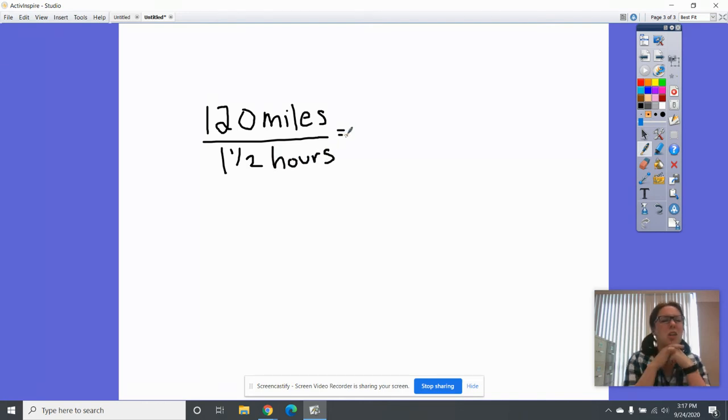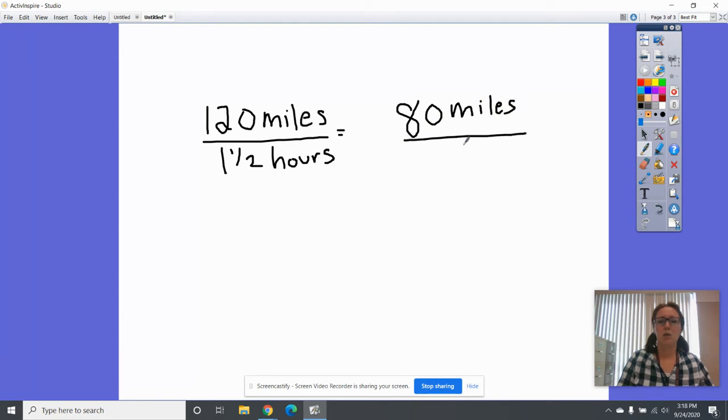And I say, well, I'm curious, what speed have I been driving? So I just have to divide 120 divided by 1.5, and that tells me that I've been driving 80 miles in 1 hour, which we are familiar with as the notation 80 miles per hour. So in 1 hour, I've gone 80 miles.